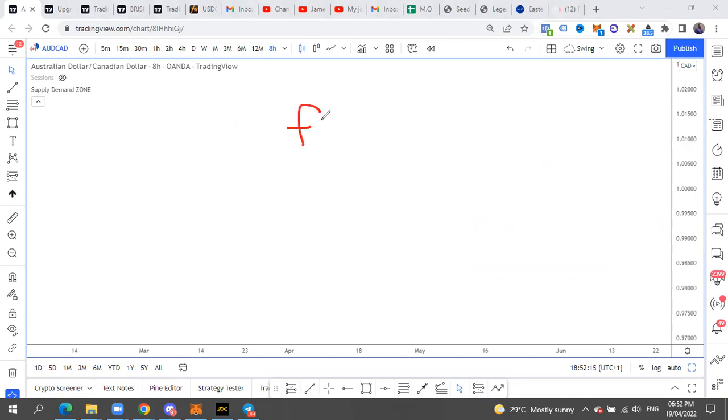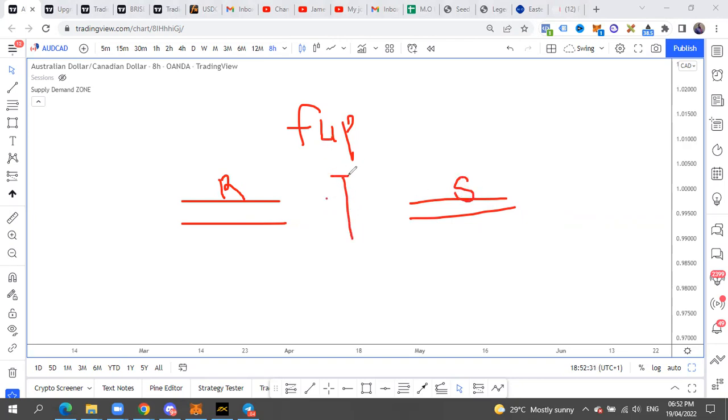But take flip zone this way, guys. Take flip zone as a previous zone changing to another phase. So this is a resistance. Now it has changed to support. Now it has flipped. Take it like the head and the tail of the coin. So it must flip.